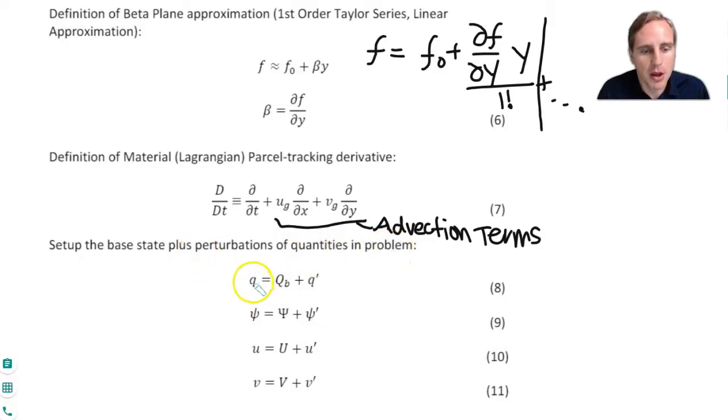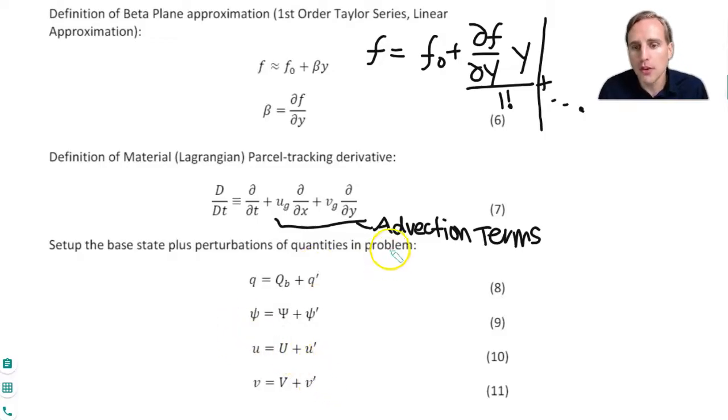So we're going to say the quasi-geostrophic potential vorticity is the base state quasi-geostrophic potential vorticity plus its perturbation. Psi is capital Psi plus Psi prime. Remember that's the stream function, and then the horizontal x and y velocities have background base state velocities, so capital U and capital V, and then U prime, V prime.